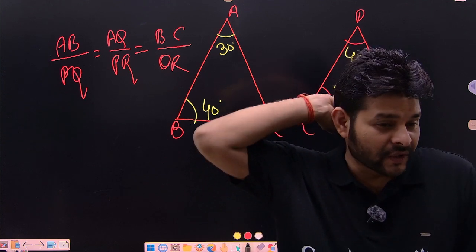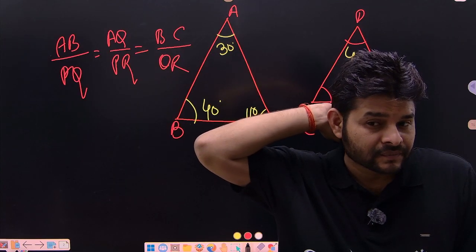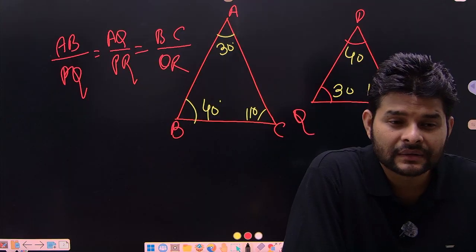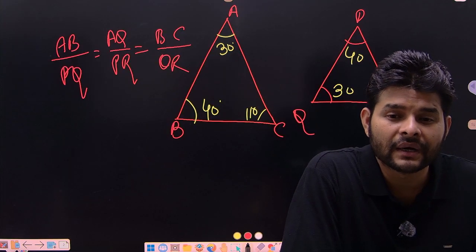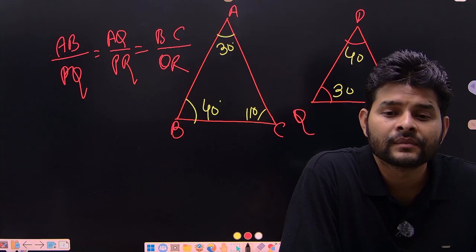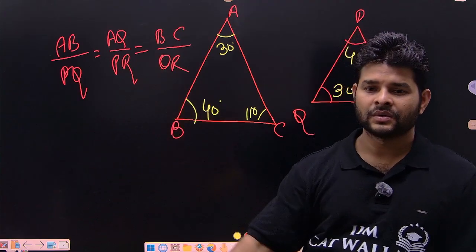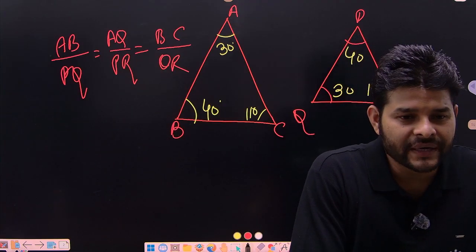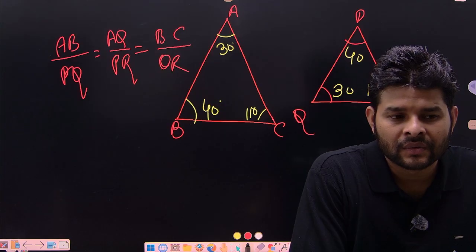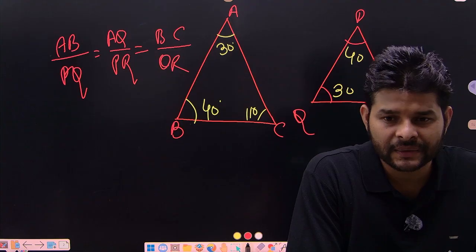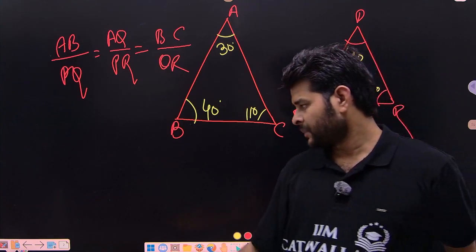But if we talk about the area, then what would be the rule for area? The square of the ratio of these two sides would be equal to the ratio of areas.